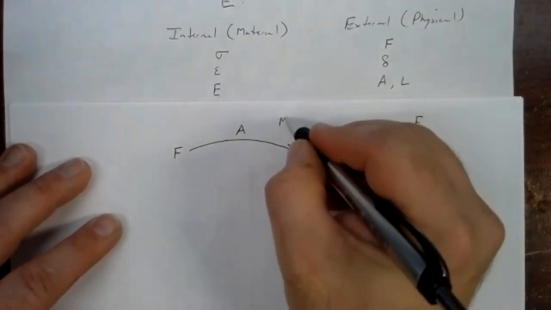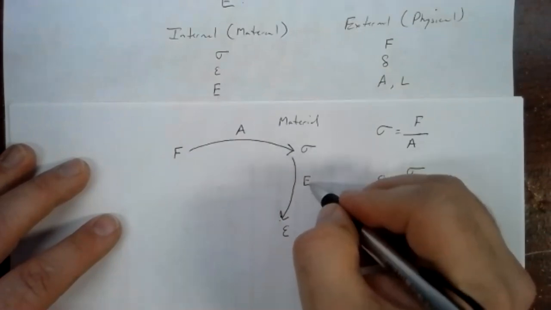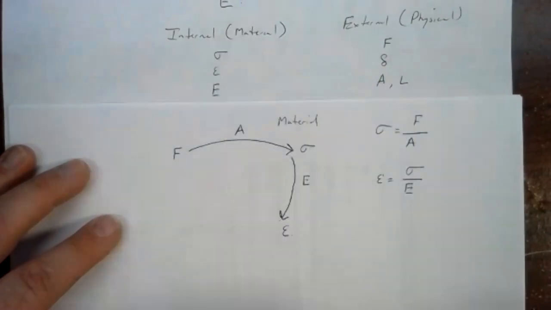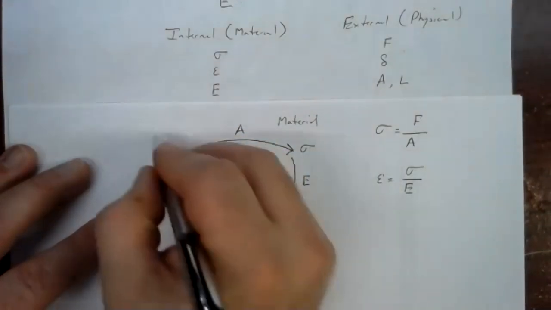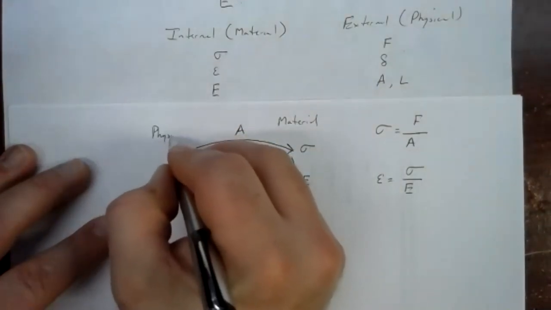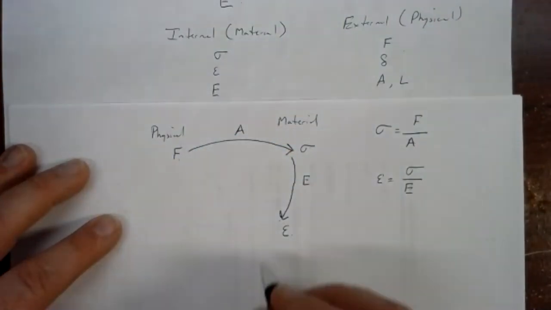All this over here is the material side. Stress, Young's modulus, and strain. Those three values right there. What we want is over here in the physical world. Forces, lengths, things like that.